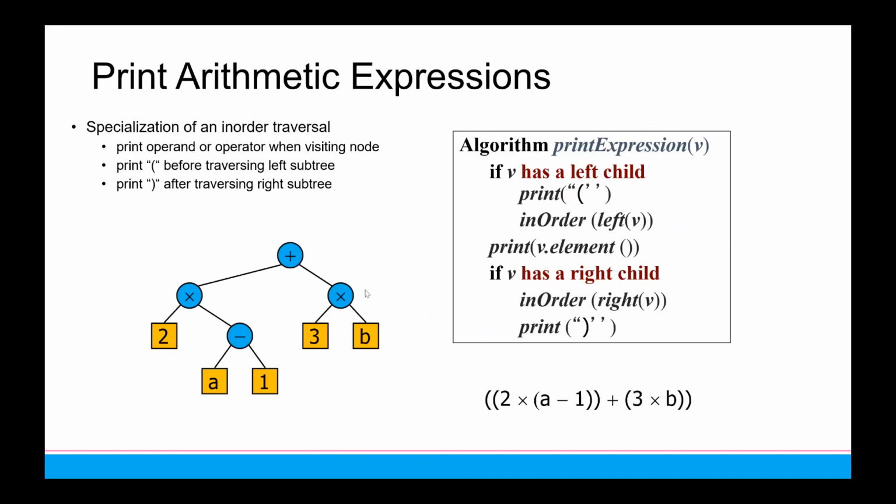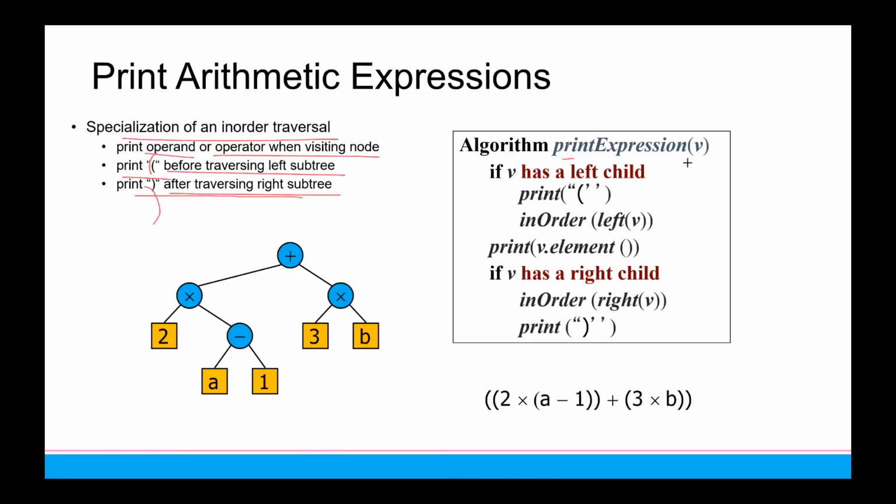This can also be used for printing an arithmetic expression. For example, this is a specialization of the in order traversal. We want to print the operand and the operator when visiting the node. For example, print the opening bracket before traversing the left subtree, and then print the closing bracket after traversing the right subtree.